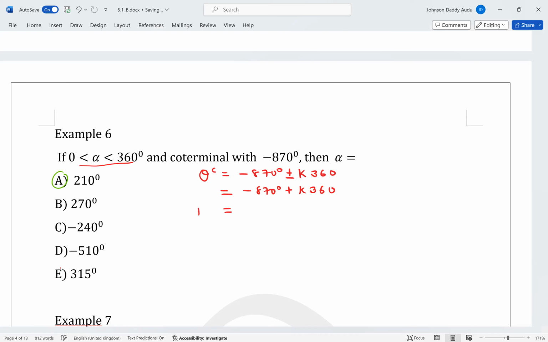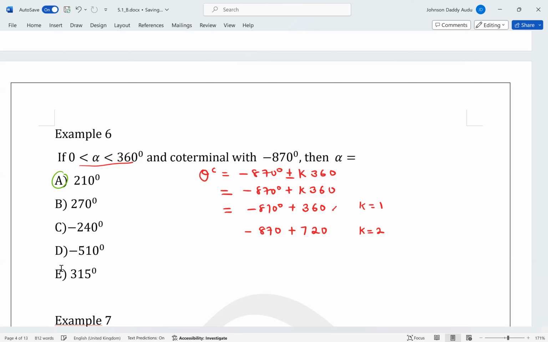So for example, if we take k to be 1, what do we have? Minus 870 plus 360. Definitely this is going to be a negative number, right? So it means we have to increase k. So k equals 2. If k equals 2, you have minus 870 plus 720.